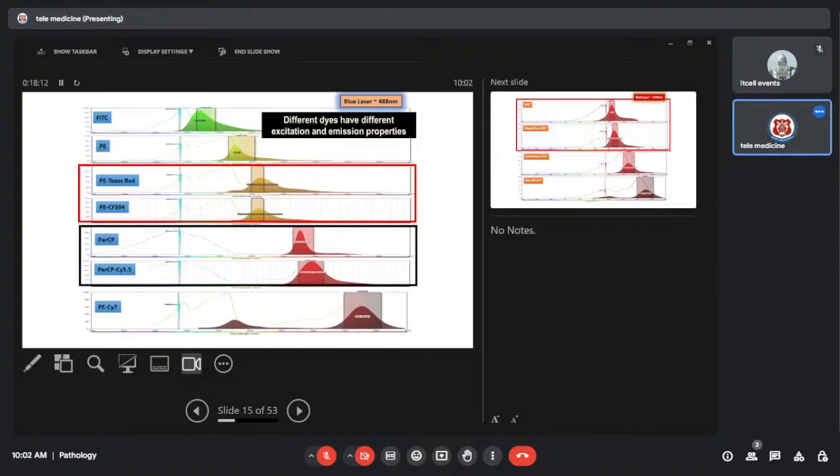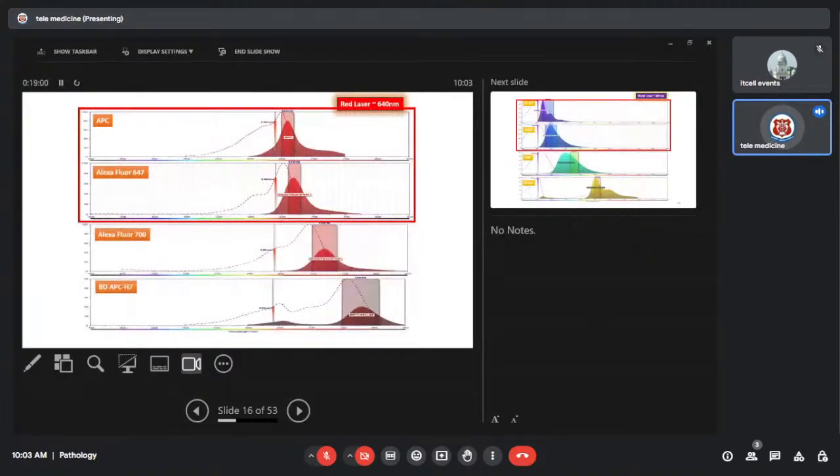So you have the emission for FITC, you have the emission for PE, and then you have PE, Texas Red, and so on together. The same way, most of the emission overlaps. So you cannot multiplex them. The same example is there for APC and 647.